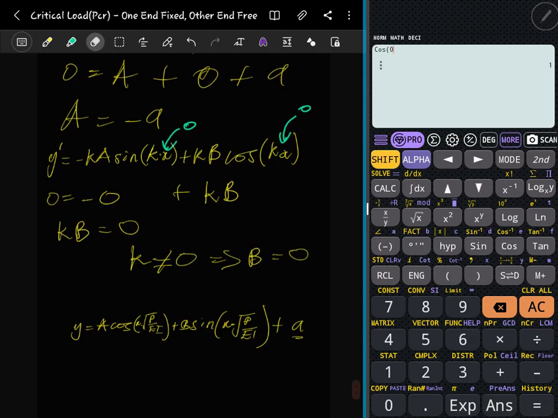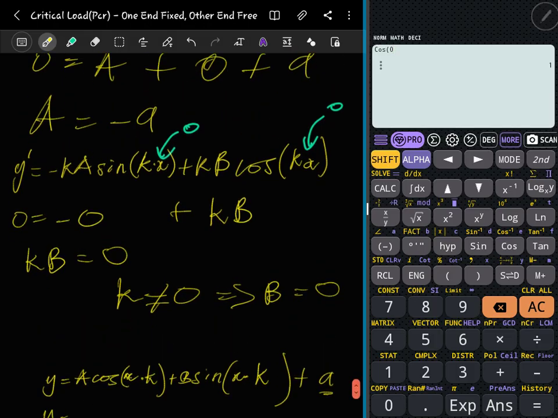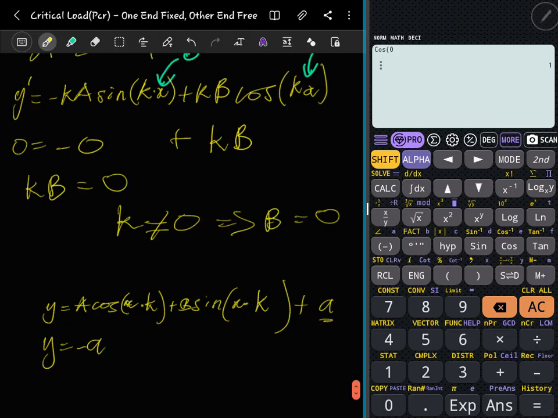Okay, so we have this right here to be the k, so we just put it in. This is the k, this is kx, and this right here is kx. And now we know our constants, so let's put it in. We have y is equal to capital A, which we found to be minus a, so that's minus a cos of kx.